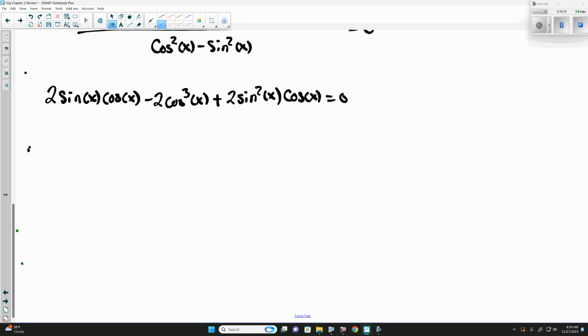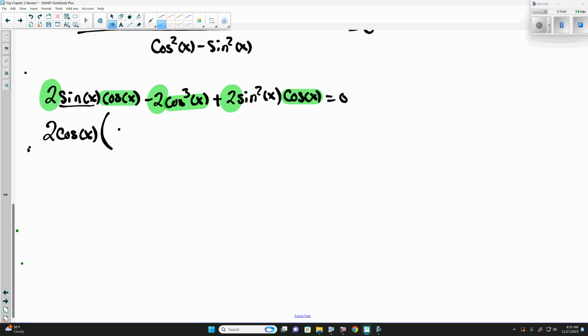Now looking at all this here, there is something that's nice because again, we need two or more things multiplied together to equal 0. Well, all three of these terms do have a 2. And they also all have a cosine, at least one of them, yes? So one thing we can do is factor out 2 sine, cosine of x from every term.